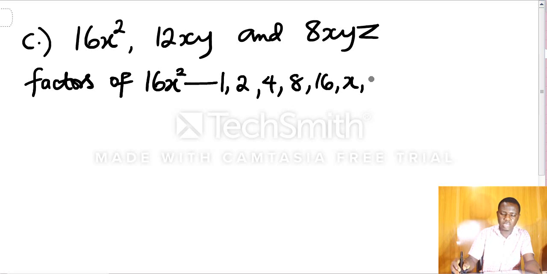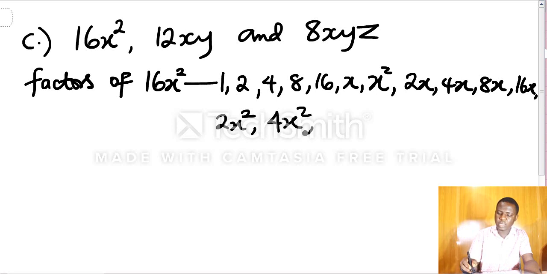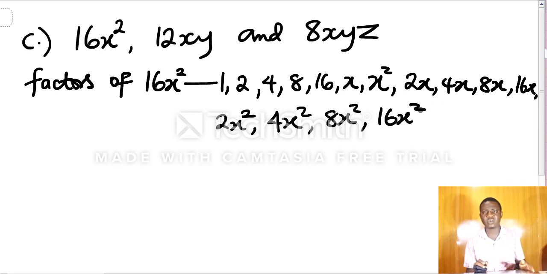We have x squared, and this becomes 2x, 4x, 8x, 16x. We also have 2x squared, 4x squared, 8x squared, and 16x squared as the factors of 16x squared.